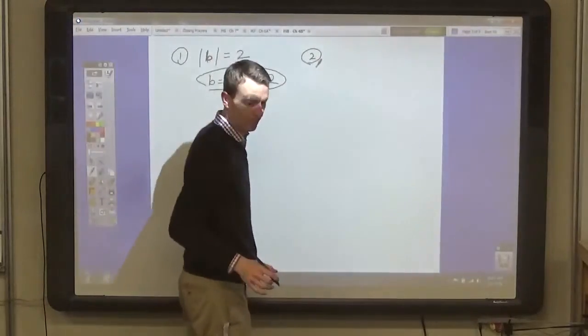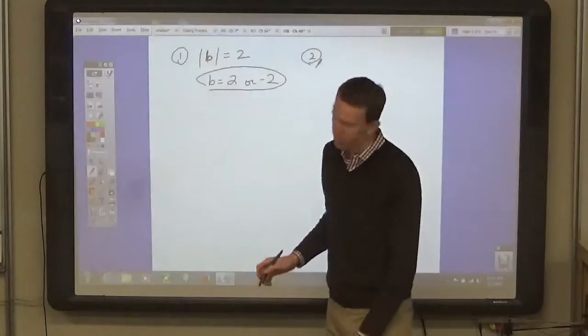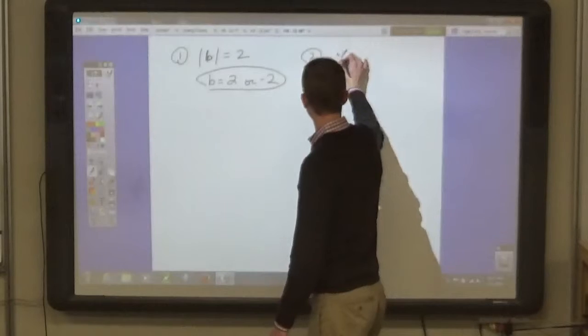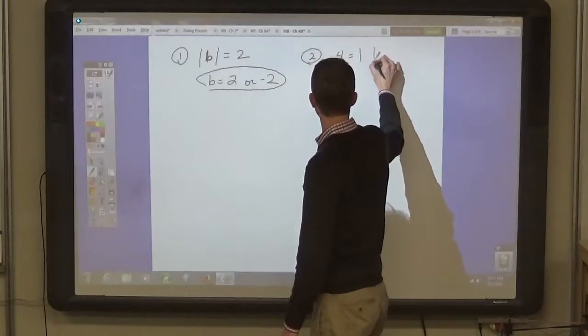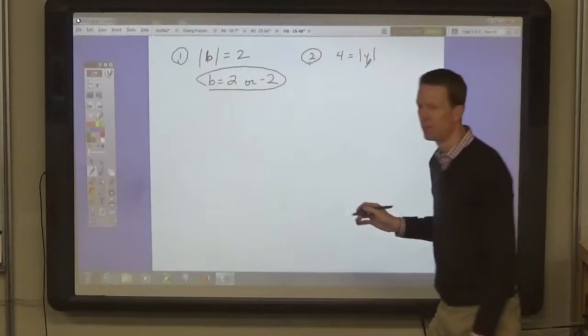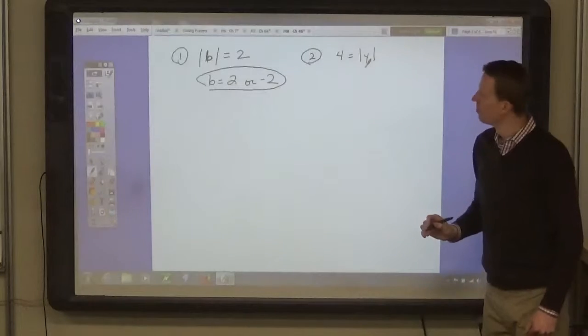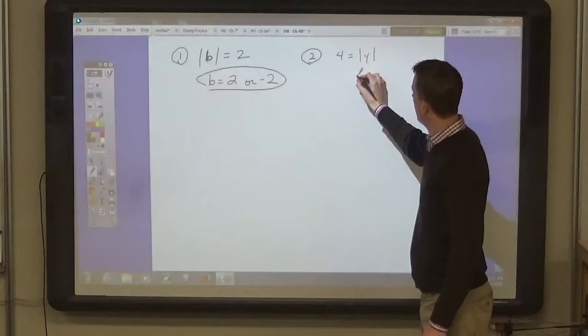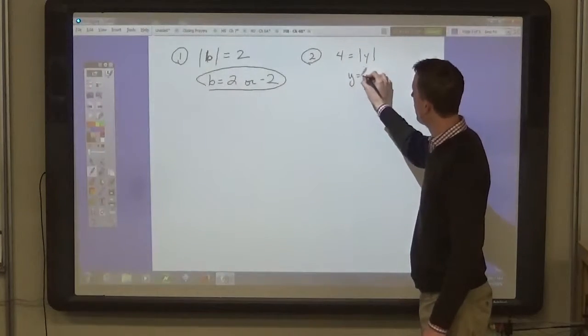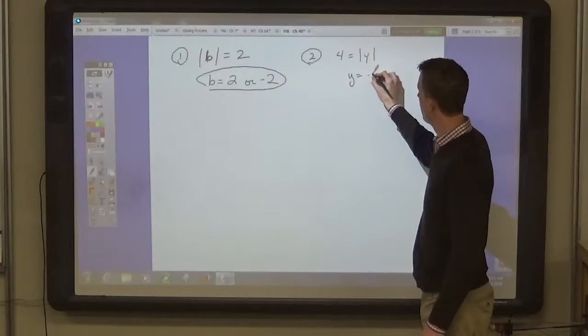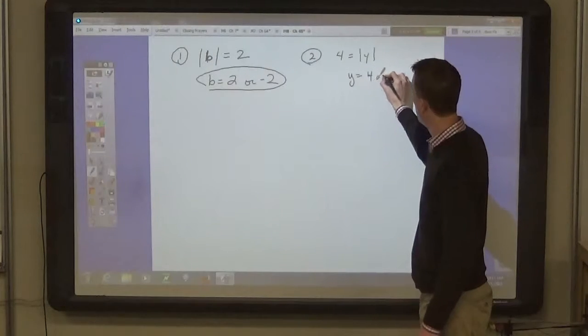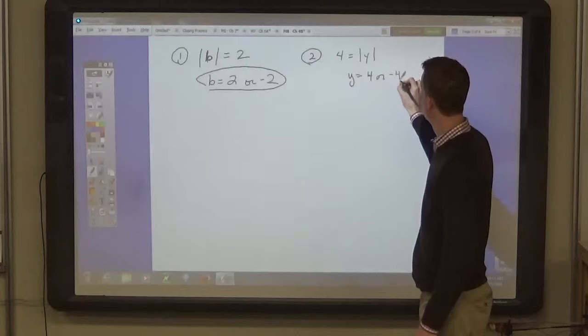Number 2. 4 equals the absolute value of y. Right. So y equals positive 4 or negative 4.